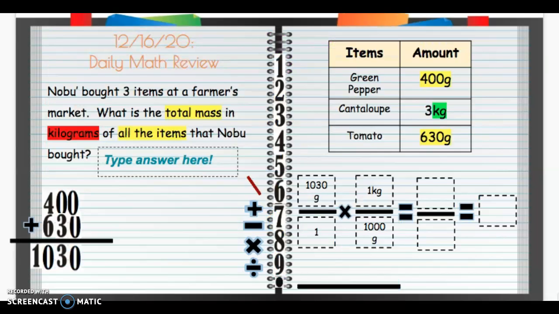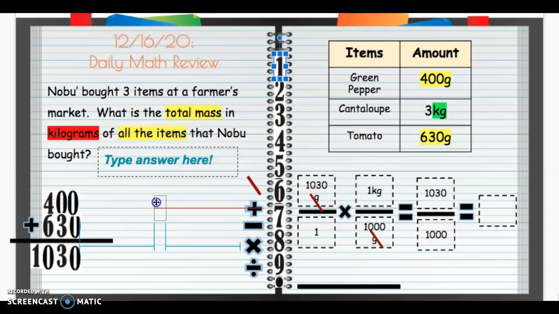Now we multiply across because this gram cancels out this gram. So we have 1,030 over 1 times 1,000 over 1,000. Remember the rule when you're multiplying or dividing by powers of 10: all it is is moving the decimal point that many zeros.